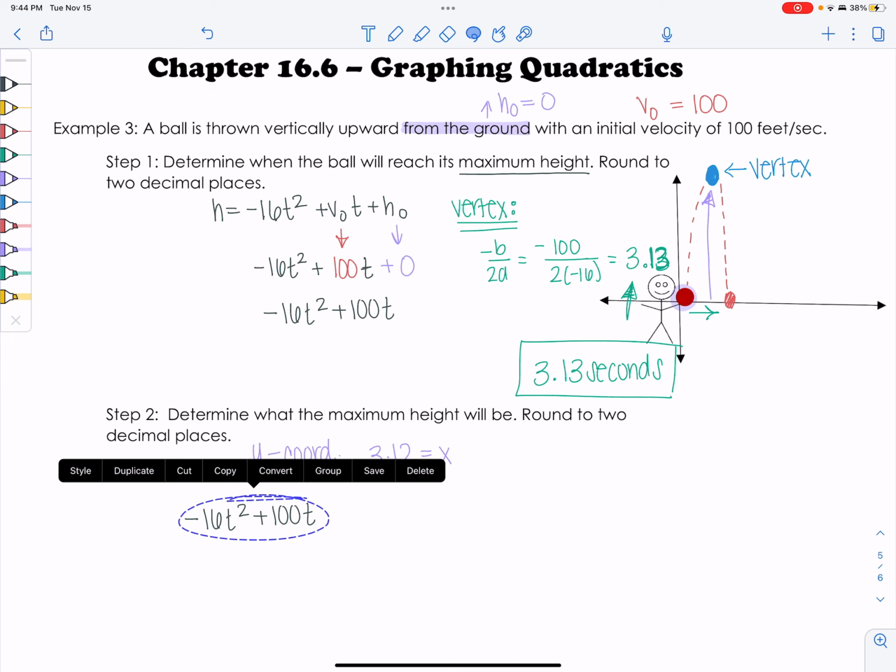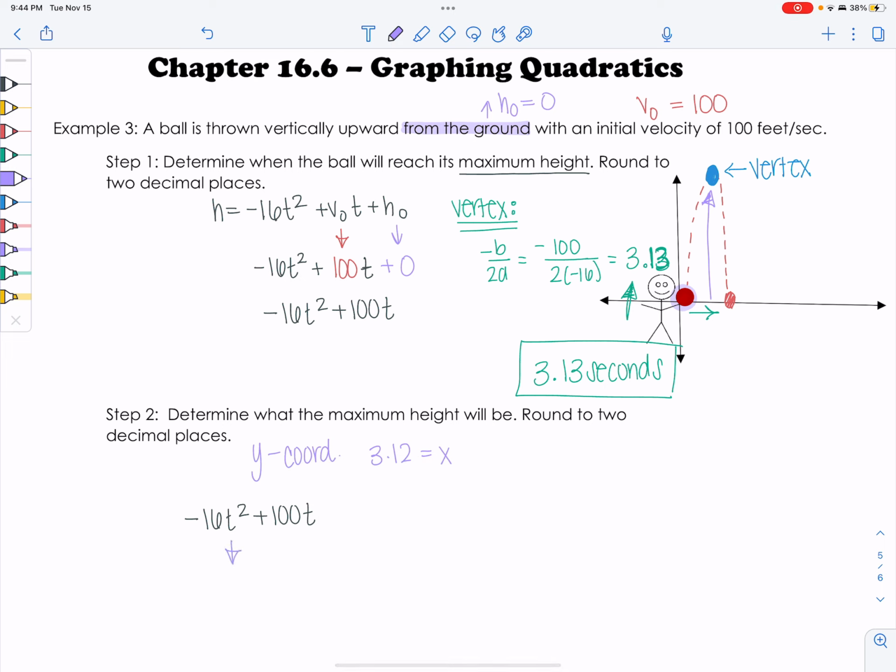And so here's my equation. Where there was a t, I said x. Where there was a t, I'm going to replace with 3.12, 3.12. And then I'm going to fill all of this stuff in. You can type that straight into your calculator.